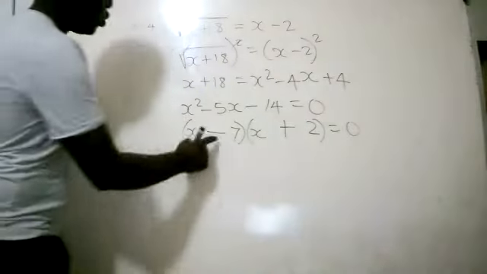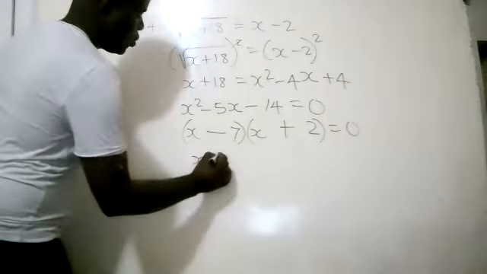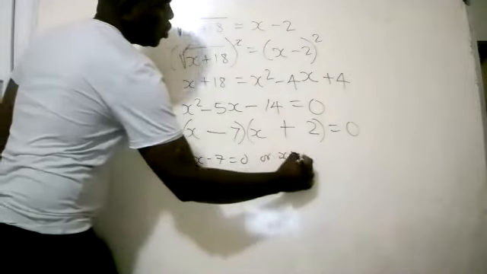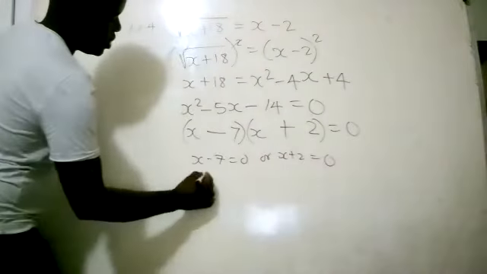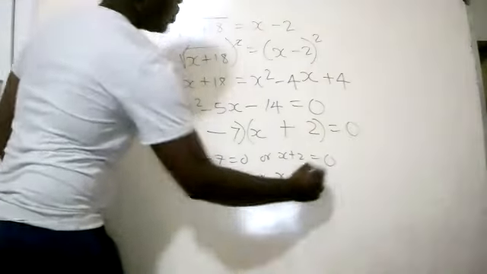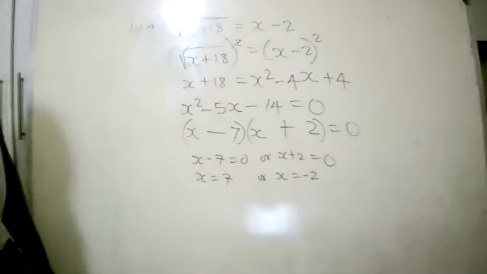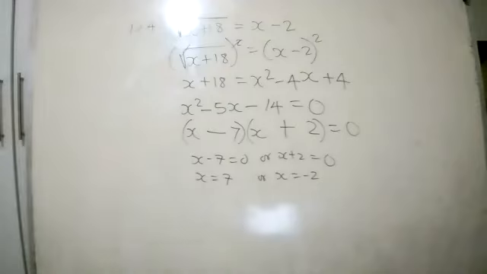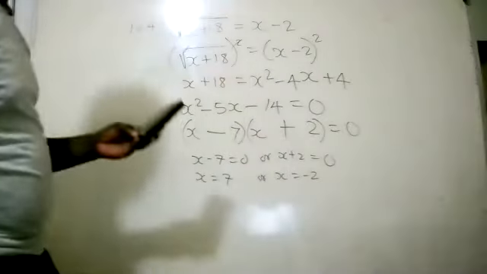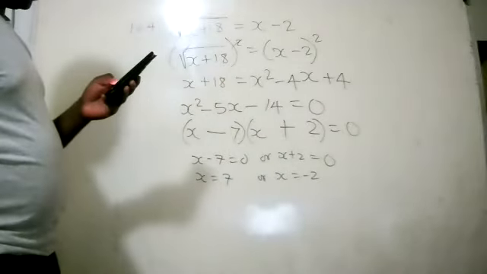So on the first one, we're going to have x minus 7 equal to 0, or x plus 2 equal to 0. Then x will be equal to 7, or x is equal to -2. Are we together on that one? Yes, sir. Wonderful. So that is how we deal with that question.